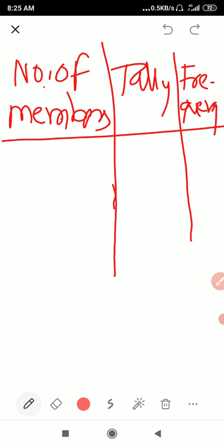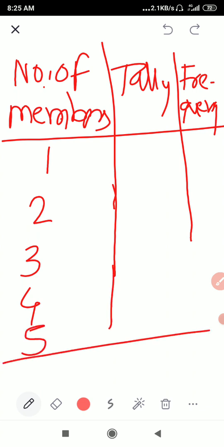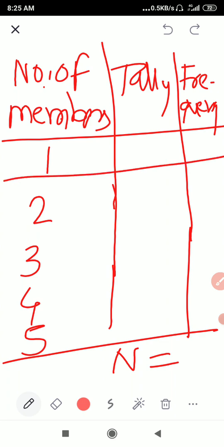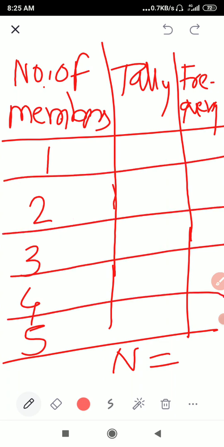So here frequency, 1, 2, 3, 4, 5. And finally you have to write what n is equal to. So here, number of families with 1 member, it is 1 only, so here write 1.